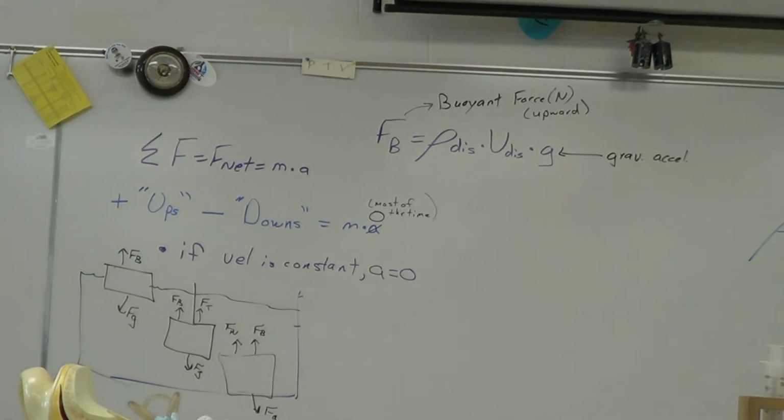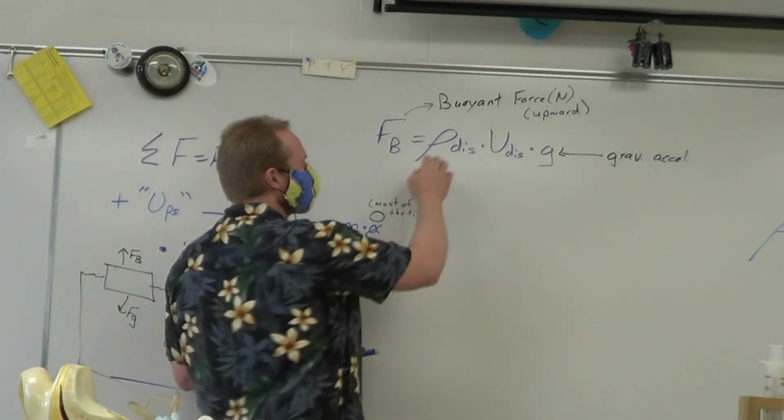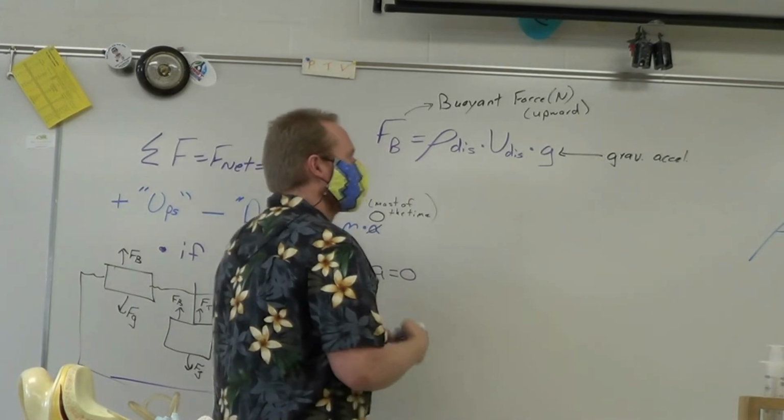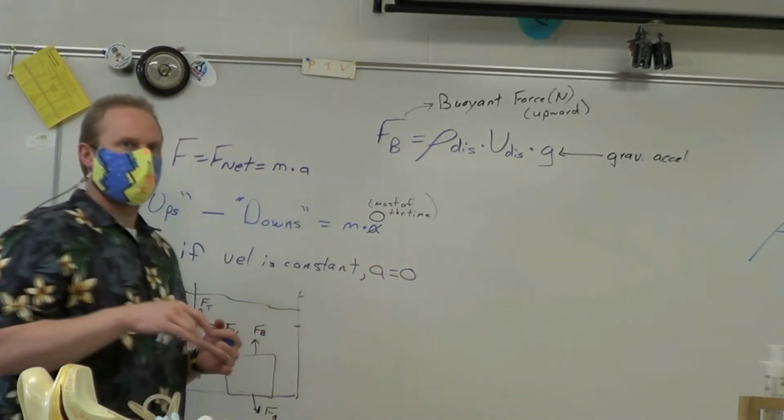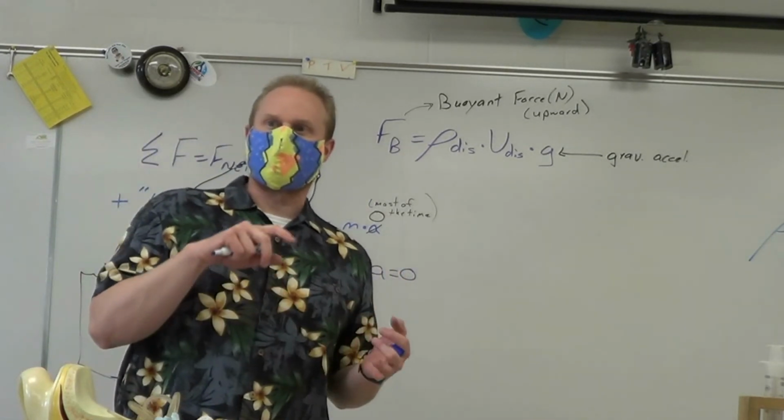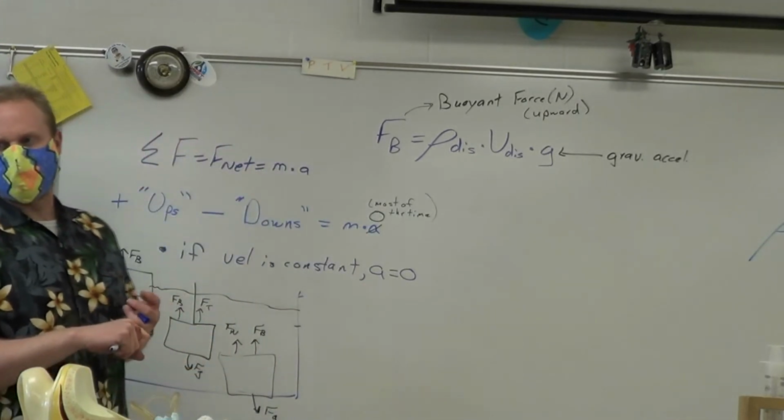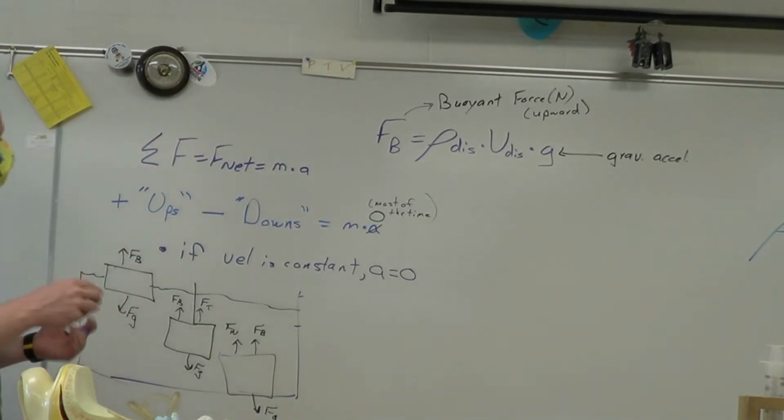So when we talk about our density, we've got to make sure we choose the right density. In a given problem, they'll talk about a block that has a density of this and is immersed in water that has a density of this.